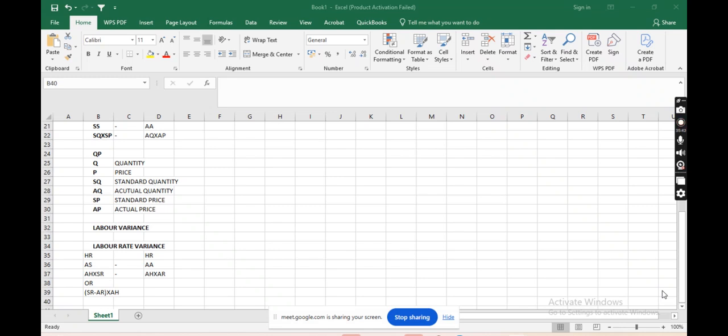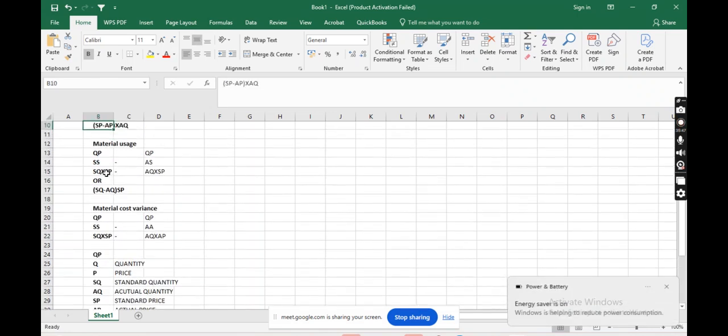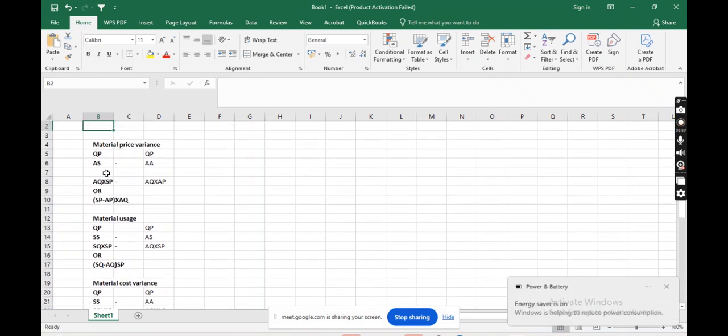Standard and actual. Now, when it comes to rate, what did you do when it comes to material? Now, when it comes to material, where is your labor? Where is your material price?